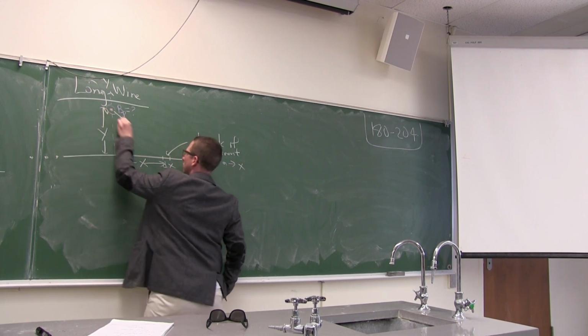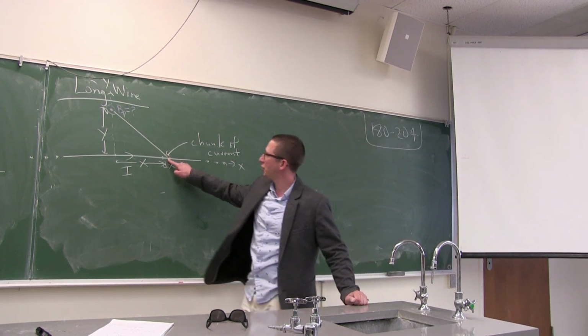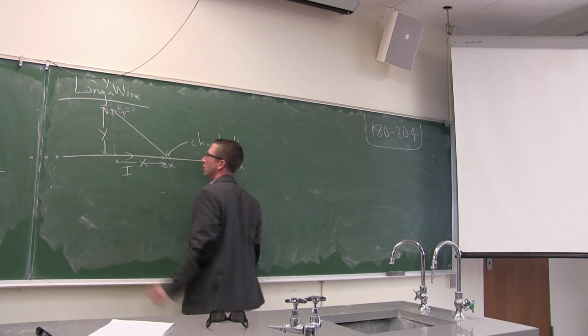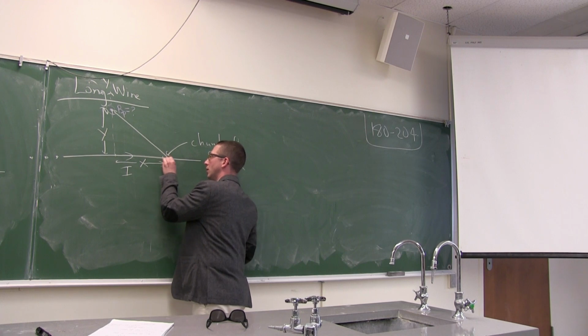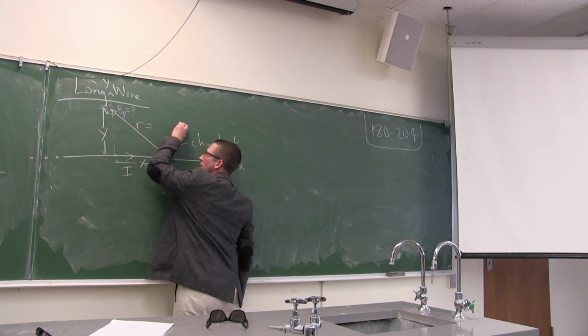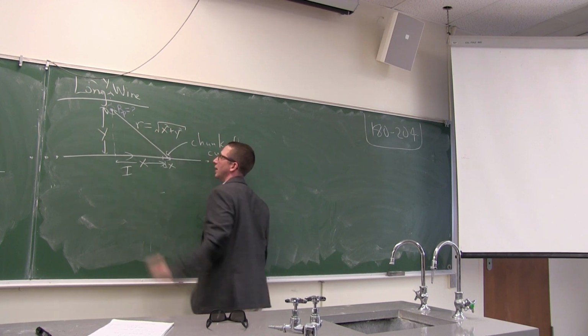So the distance from the charge that is moving, which is this little piece right here, to the point that I'm interested in is r equals the square root of x squared plus y squared.